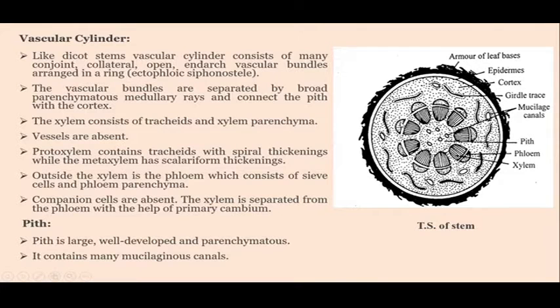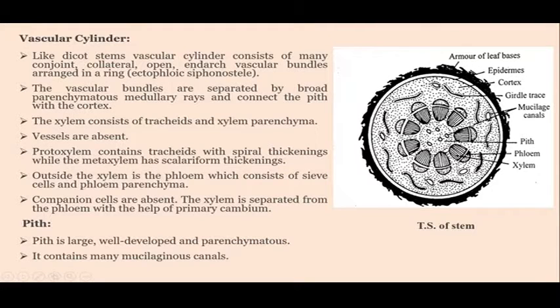Collateral means phloem on the outer side and xylem on the inner side. Open means the vascular bundle contains cambium. And endarch means metaxylem towards the outer side and protoxylem towards the center. They are arranged in a ring, and this type of stele is called ectophloic siphonostele.